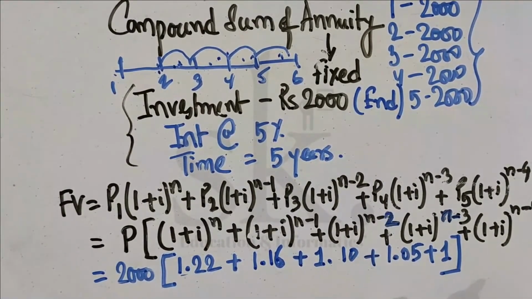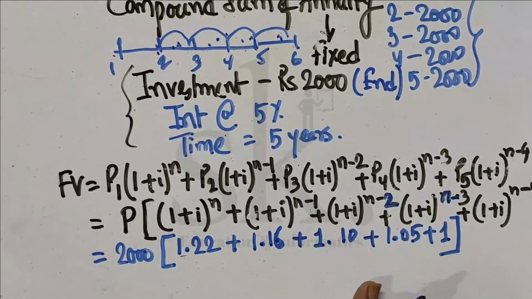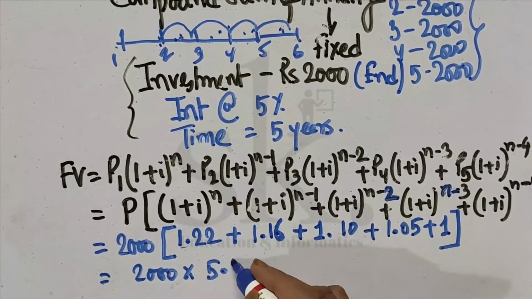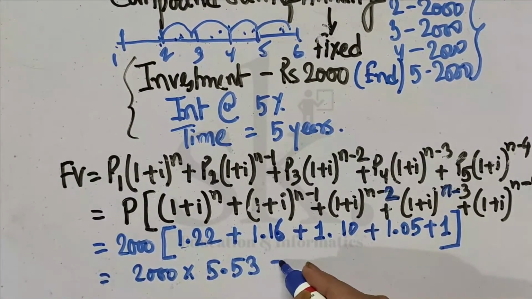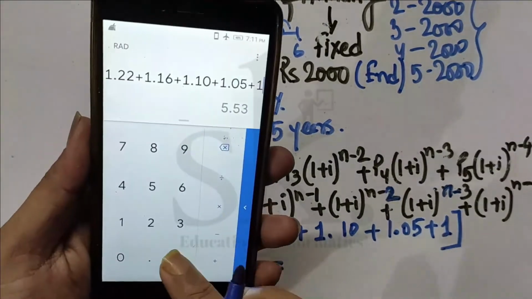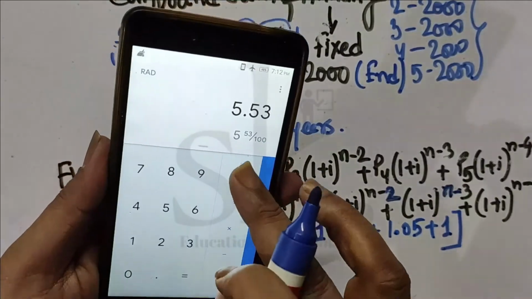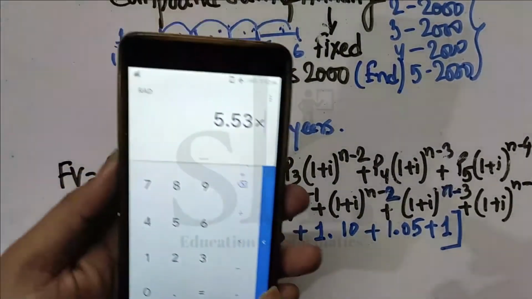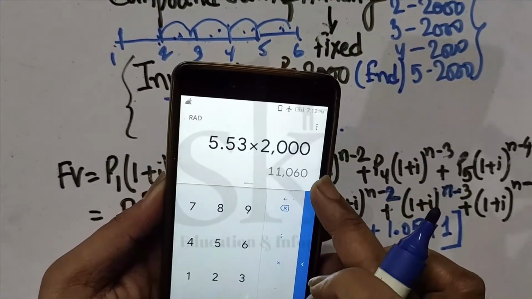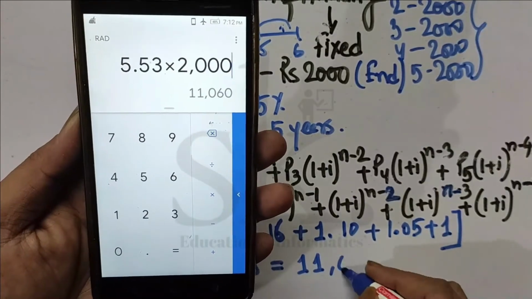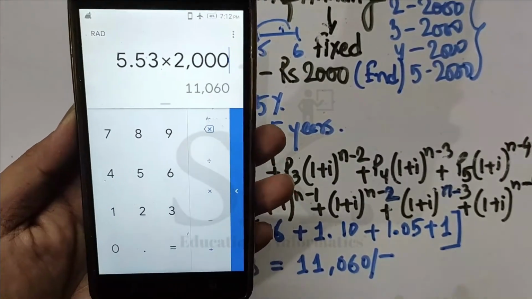Since I don't have space out here, I'll just show you here. So it's coming 2000 into 5.53, which is equal to 5.53 into 2000, it's 11,060 will be my future value.